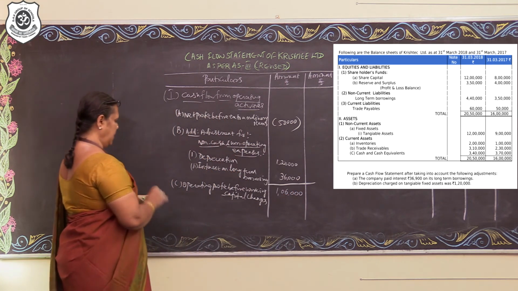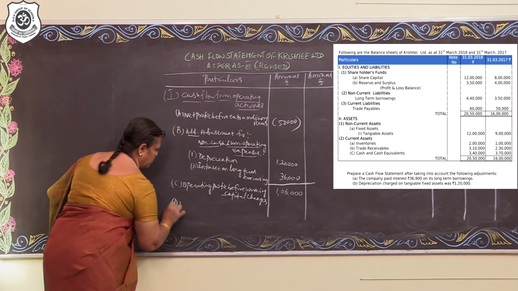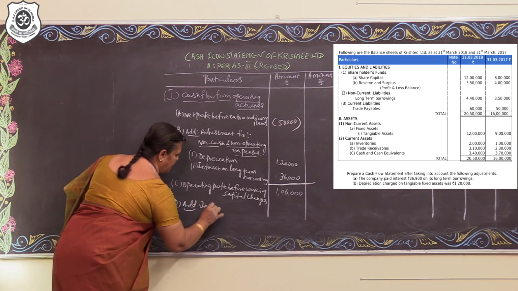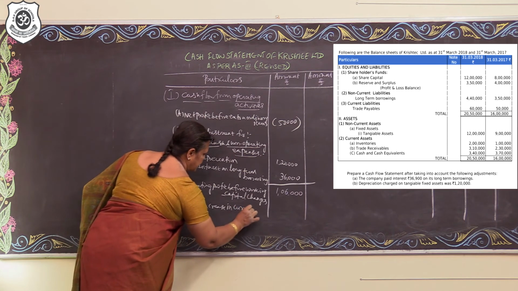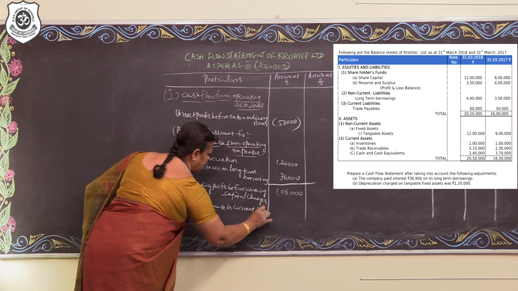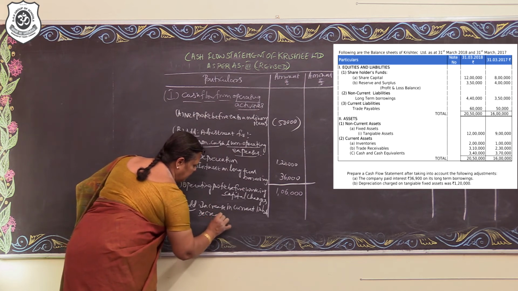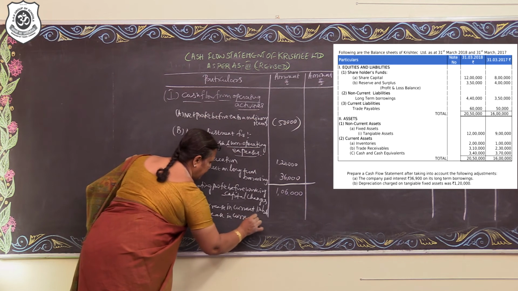Now with that we will add increase in current liability and decrease in current asset.